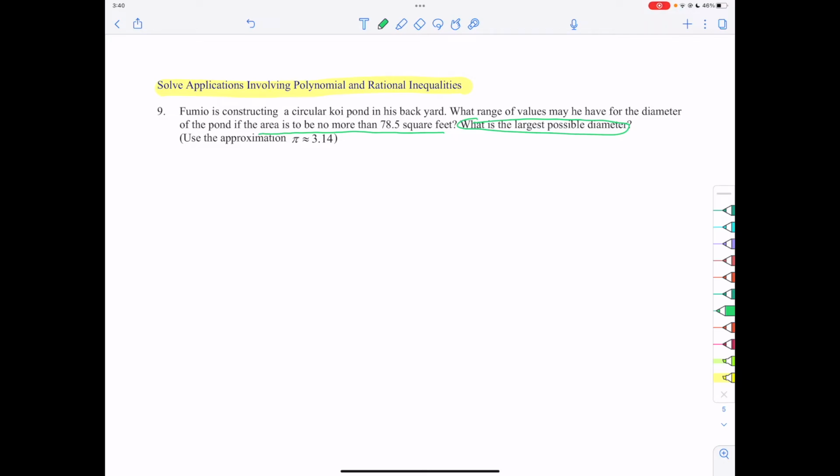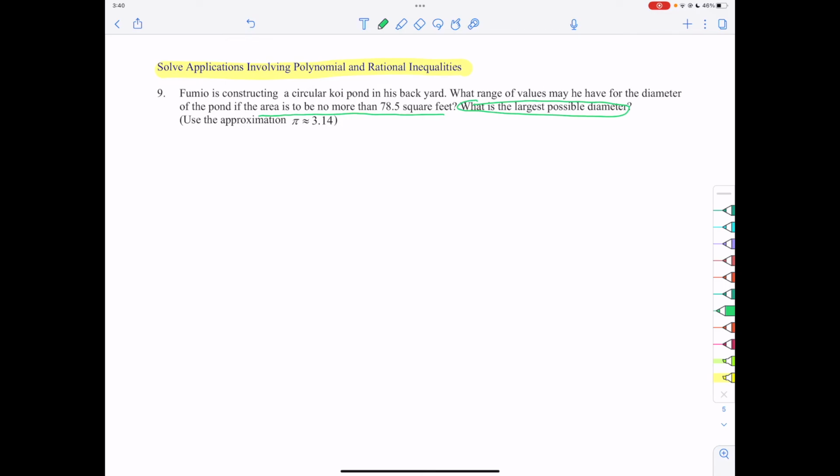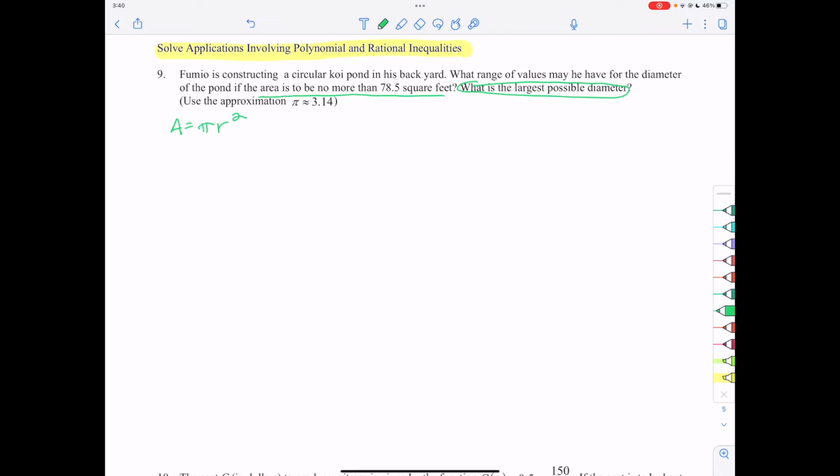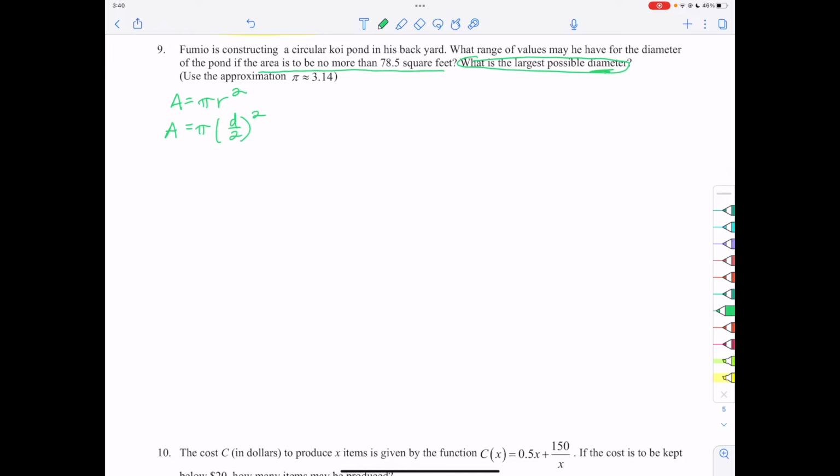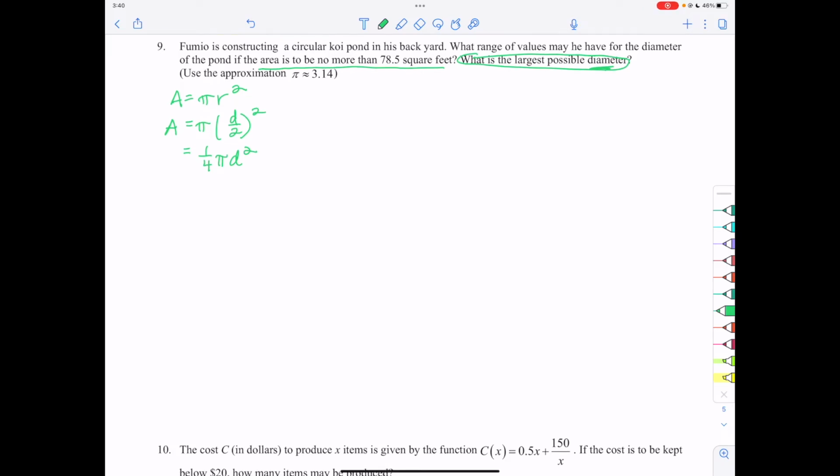So the very first thing we need to do is find the area of a circle, and that's pi r squared, and we were given the diameter. So we want to use the diameter because we're looking for the diameter. So that would be pi times the diameter divided by 2, squared. And that would actually be 1/4 pi times the diameter squared.